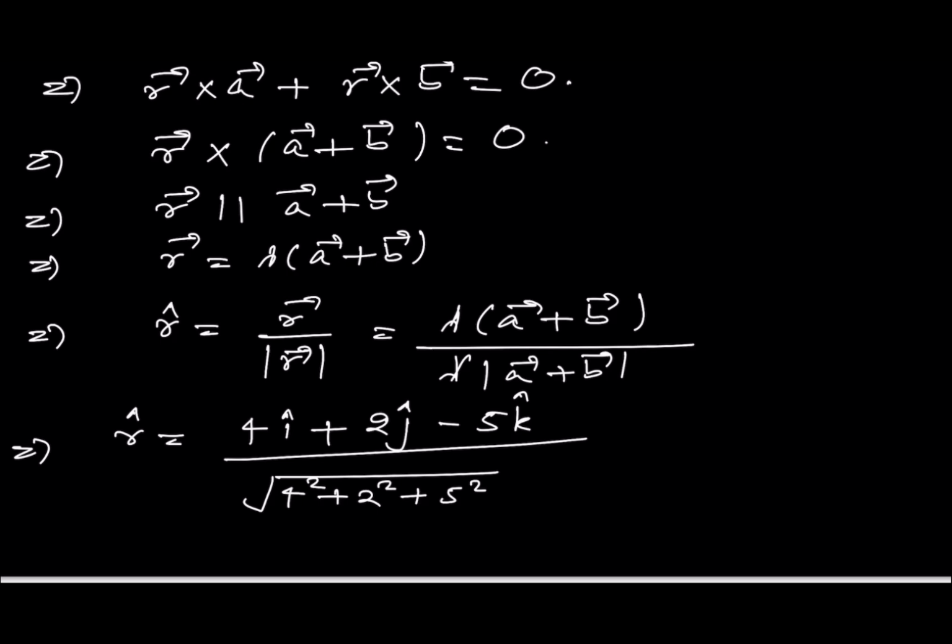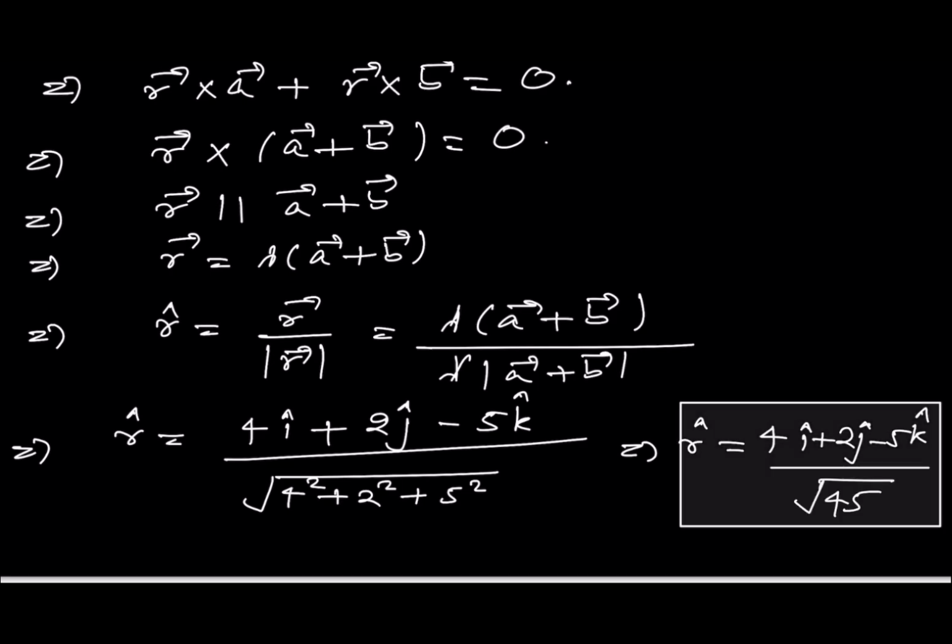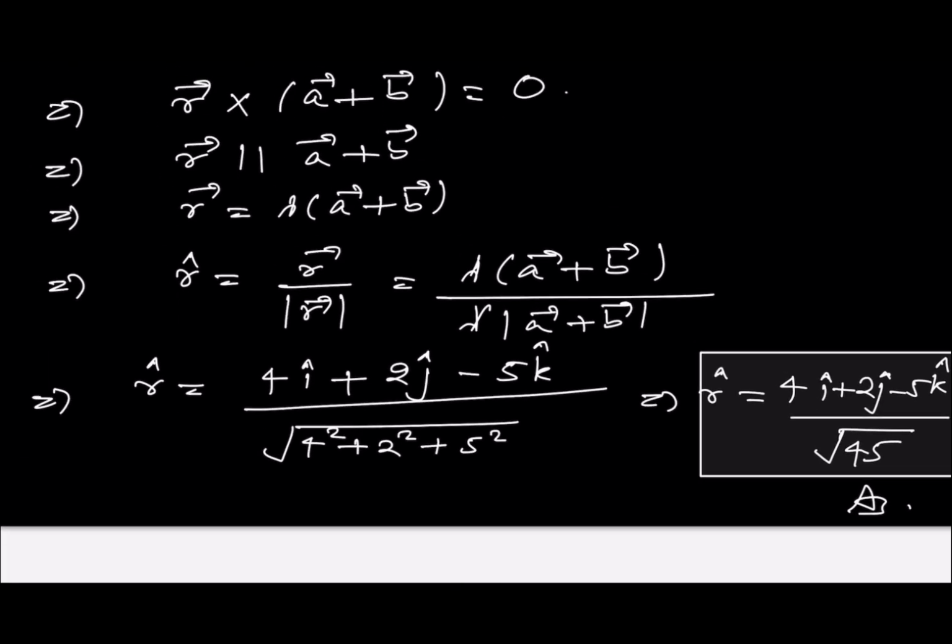Or I can say R cap is 4i cap plus 2j cap minus 5k cap upon root over 45. This is the final answer. Okay, let us move to the next question.